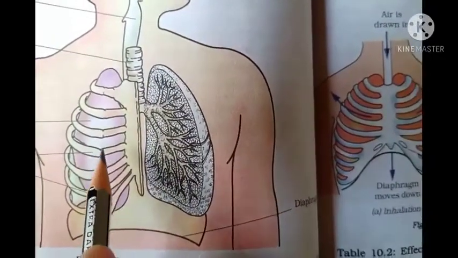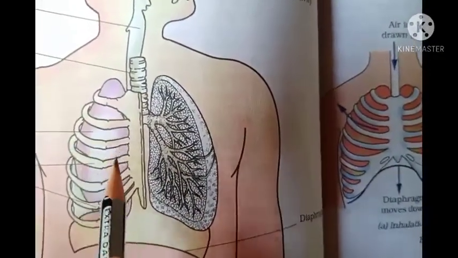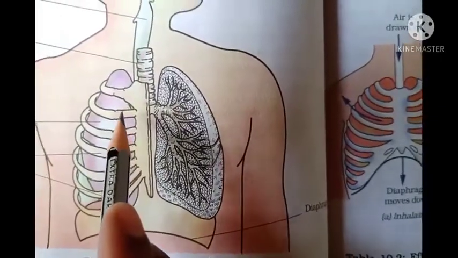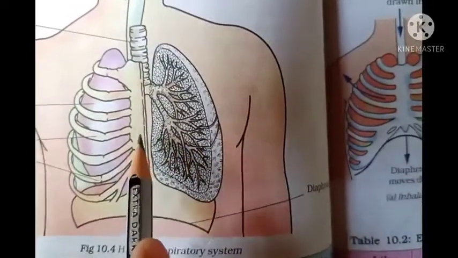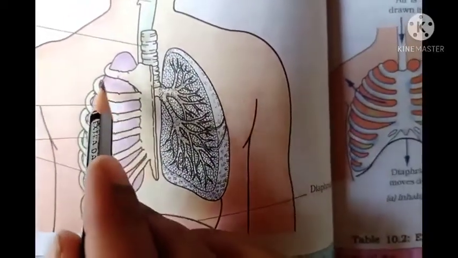This cavity is the chest cavity. It is surrounded by ribs on the sides. See, the ribs are here, on both sides.